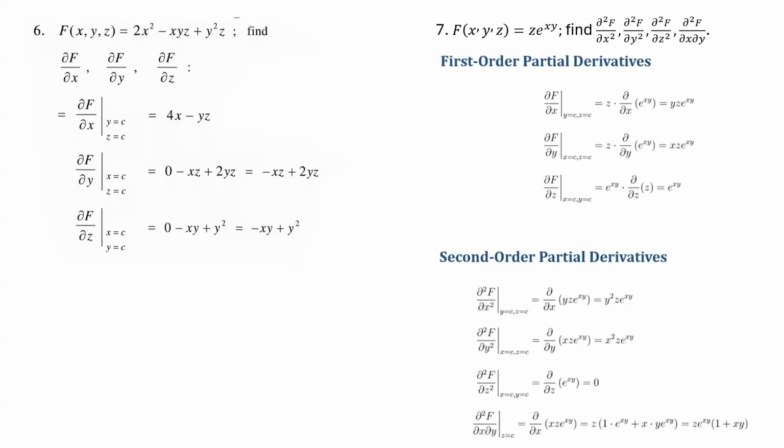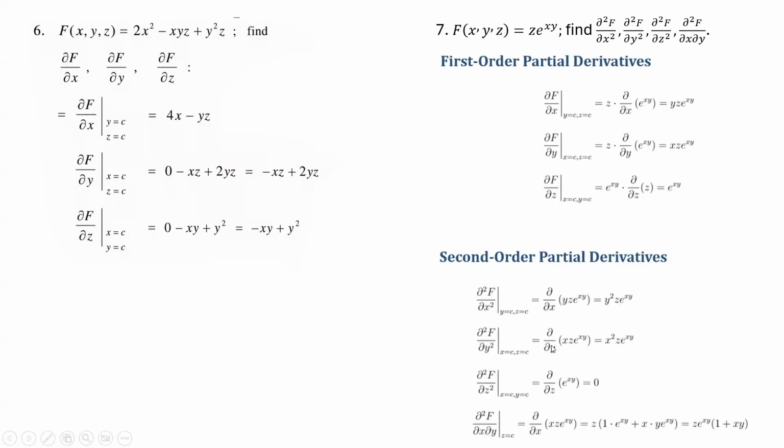So as for the second derivative, we will take the part we got from the first order derivatives. Here we will try to differentiate for the second time according to x, y, and z. For x, we got yz e^(xy), and here y will come to the front. It will become y^2 z e^(xy).